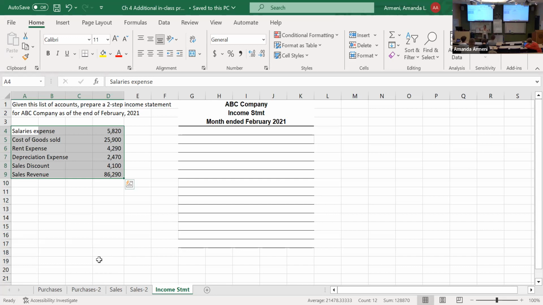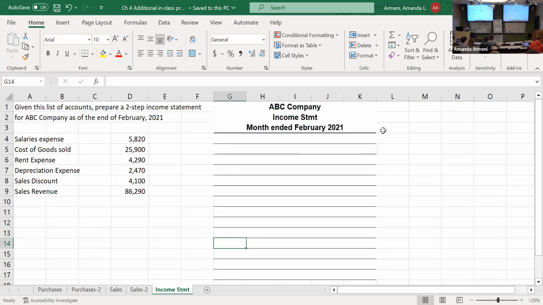So take 5 minutes, buddy up, talk to your friends, and prepare a multi-step income statement. Use the PowerPoint example as a guide.